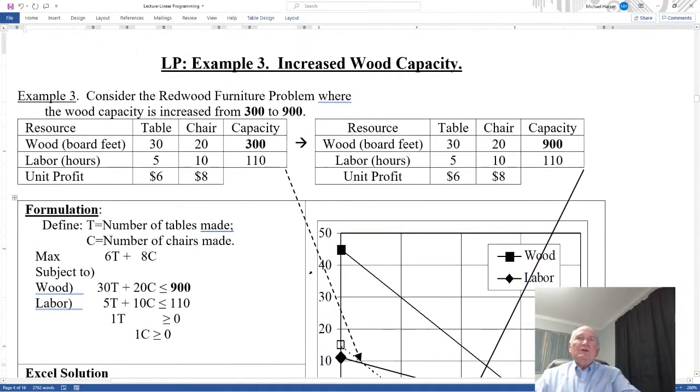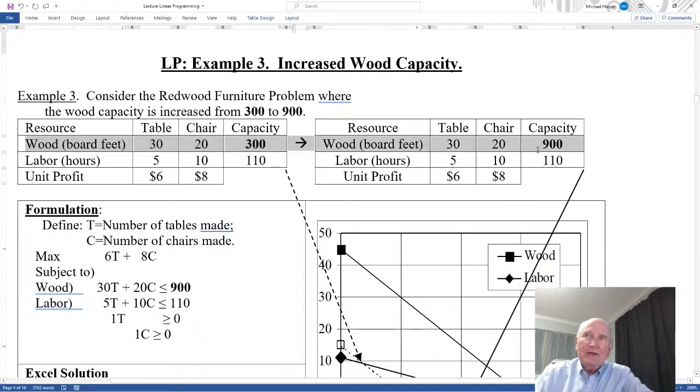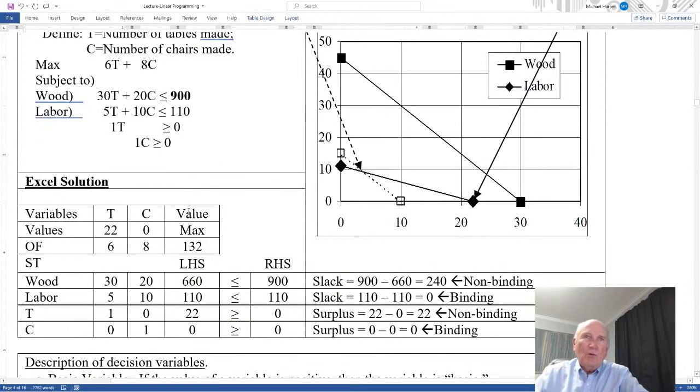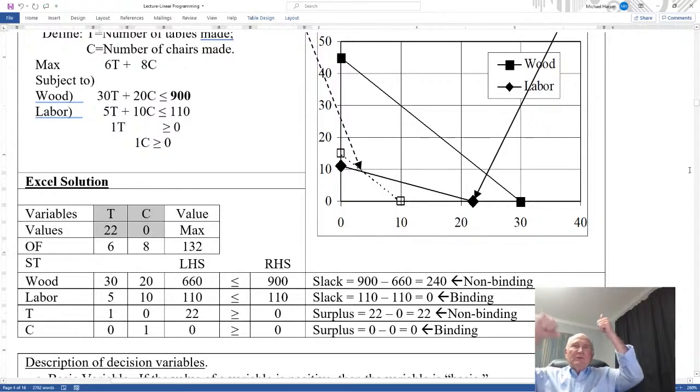Again, notice very quickly in passing, as the capacity of my wood increases, it went from 300 over here to 900. As the capacity of my wood increases, which one of these went up and which one went down?